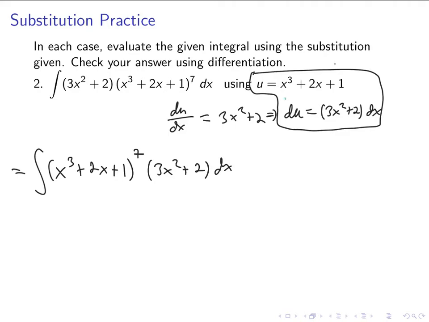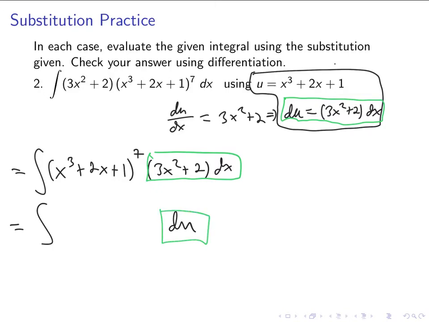So here we go. This relationship tells me that this thing can be turned into a du. And this relationship tells me that any place I see x cubed plus 2x plus 1 can be changed into just u.